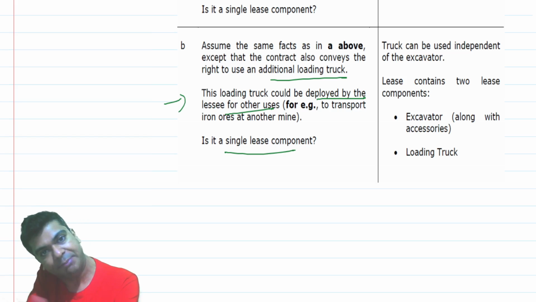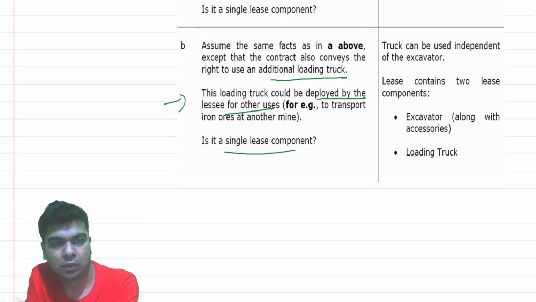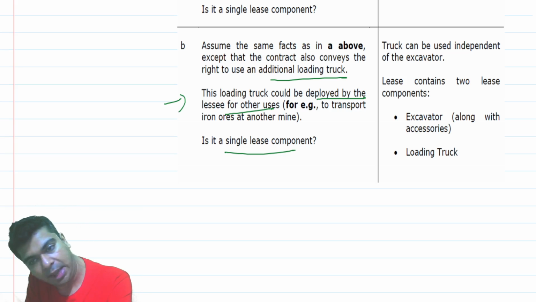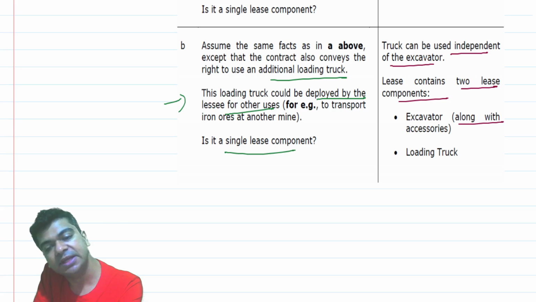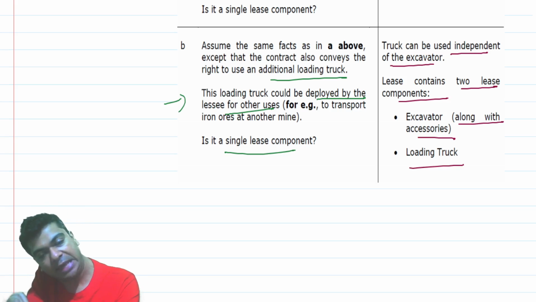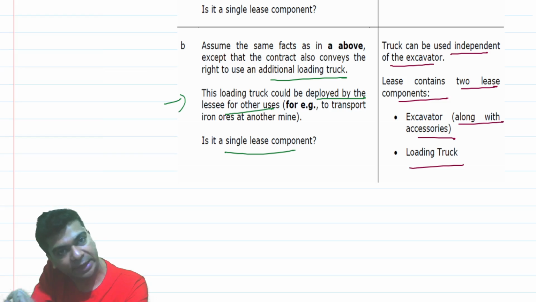Truck is a separate lease component. This time separation is possible. Truck can be used independent of the excavator. Lease contains two lease components, excavator along with the accessories and the loading truck. So we will treat them as two separate lease components, and accordingly the accounting will be carried out.